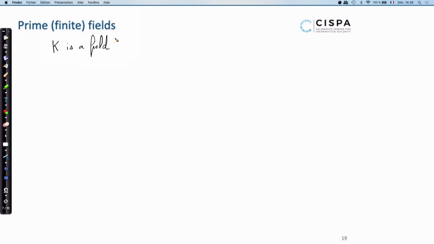So when you have a field, we say that K is a prime field if and only if K has no strict subfield. Of course, when you have a field, it's always a subfield of itself, but this is not interesting. We want to know whether a field has a subfield.